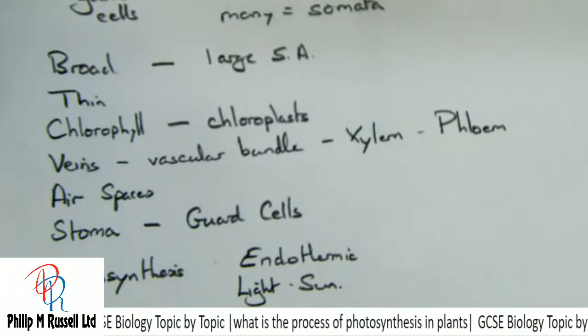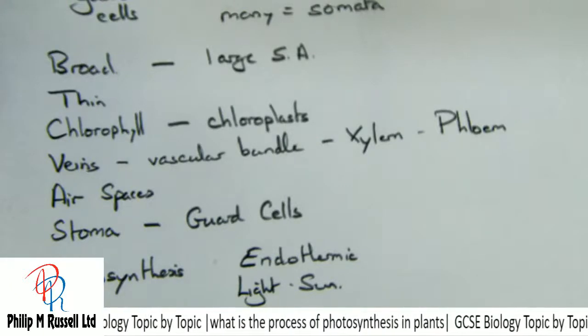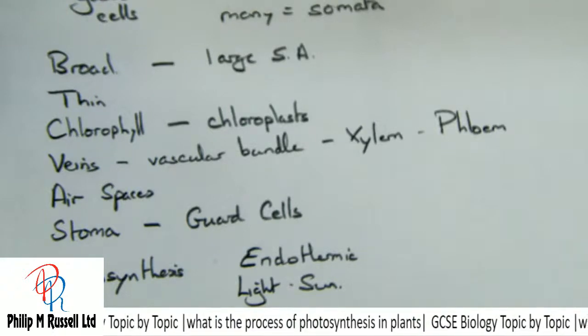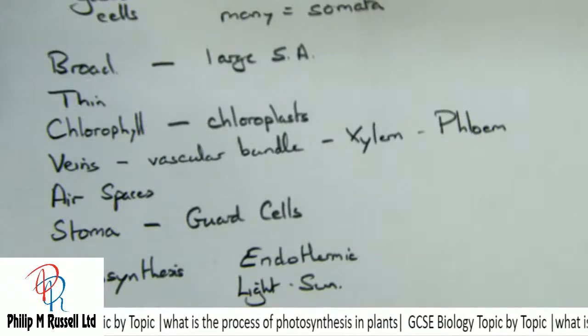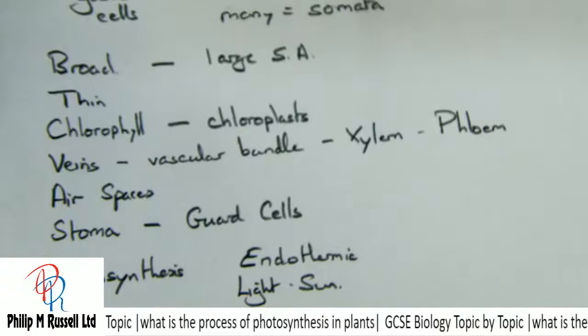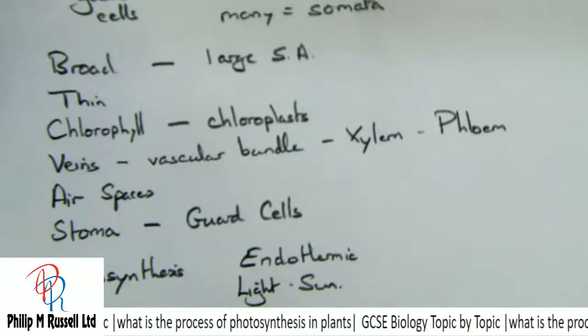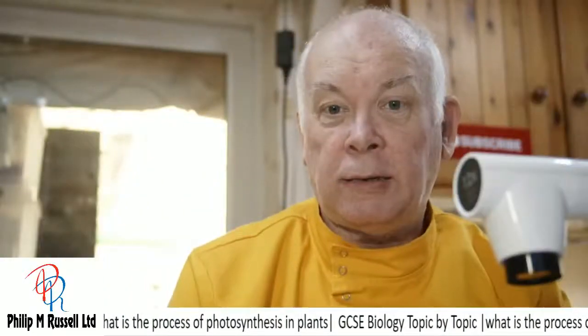During photosynthesis, that energy is transferred from the environment to the chloroplast, and the chloroplast here uses that energy to convert carbon dioxide and water into sugar, and we get oxygen produced as a byproduct.